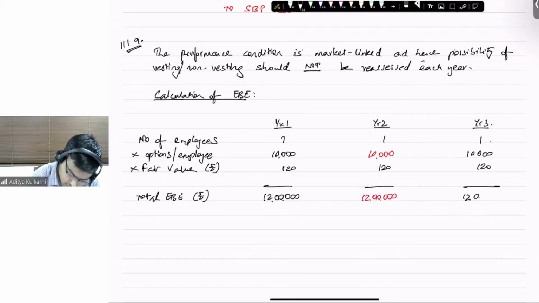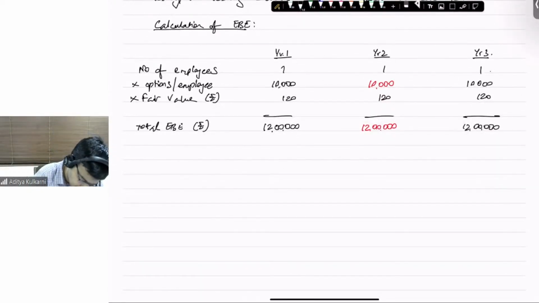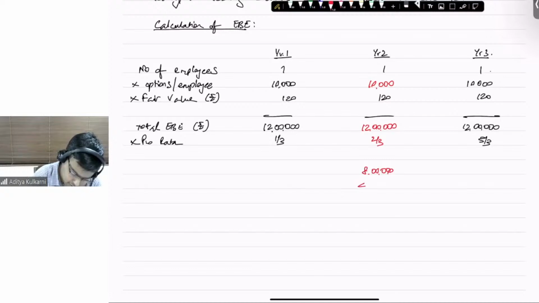They see that there is only a 19% increase and they say it is not vested. That is wrong. Okay. Total EBE pro rata 1/3, 2/3, 3/3. So this comes to 4 lakhs, 8 lakhs, 12 lakhs. 4 lakhs of the first year.